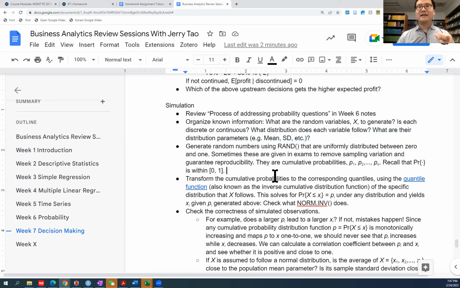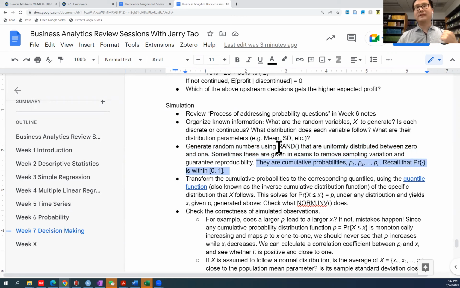Okay, the next step is already given, but normally that's where we need to generate random variables using a random number generator. This gives us a uniformly distributed value between 0 and 1. So what we're doing in this step is actually generating cumulative probabilities. Remember that any probability is a fraction between 0 and 1.